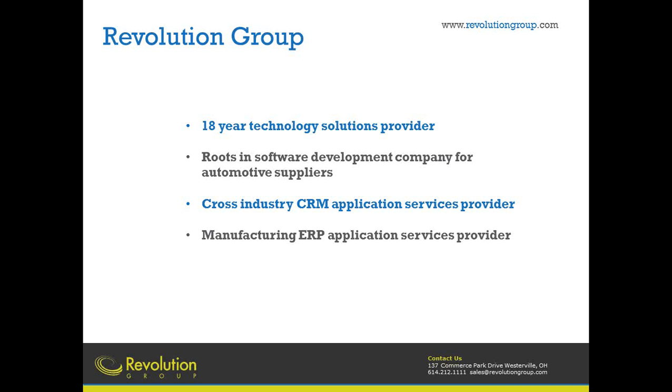In the manufacturing segment, we are an enterprise resource planning application services provider, primarily to mid-level discrete manufacturing companies in the neighborhood of $2 billion or less, which would define our client base.